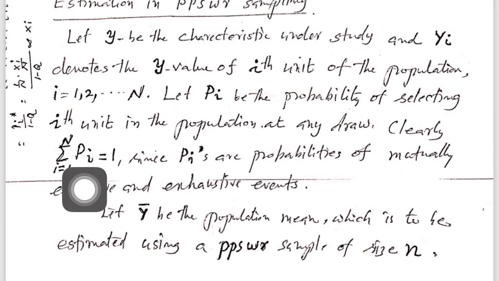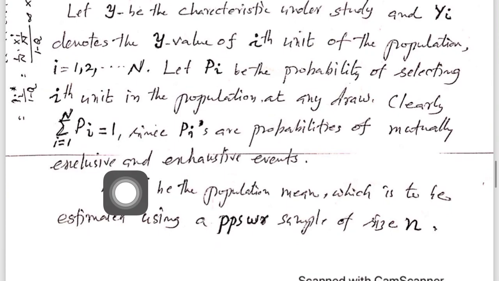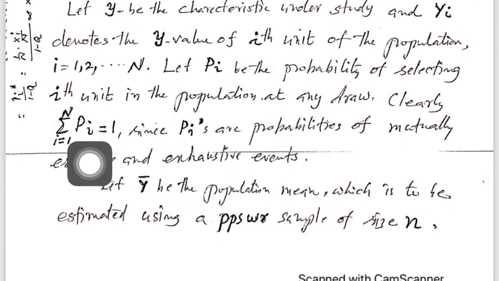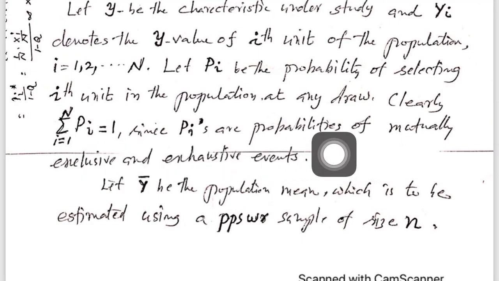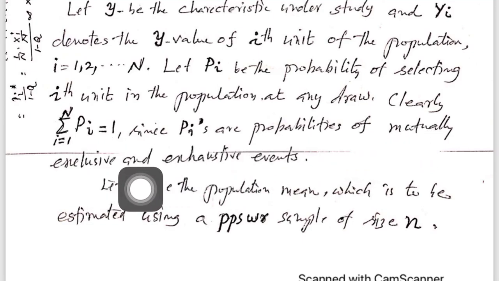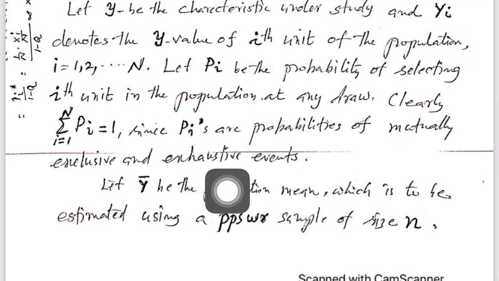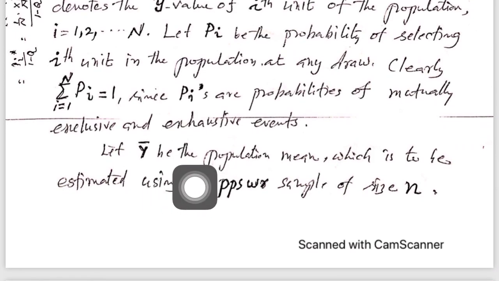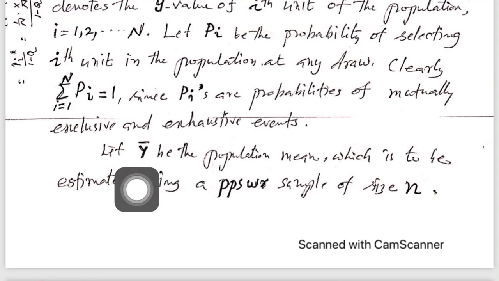One of the units will be selected, so their probability total will be equal to 1. The selection probabilities sum up to 1 because they are probabilities of mutually exclusive and exhaustive events.